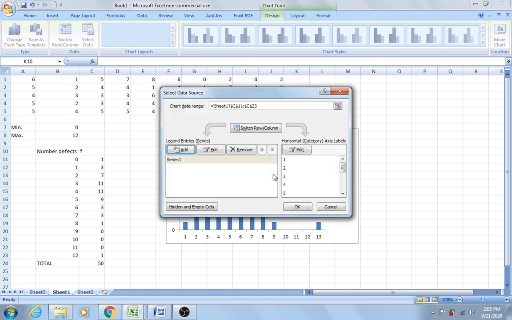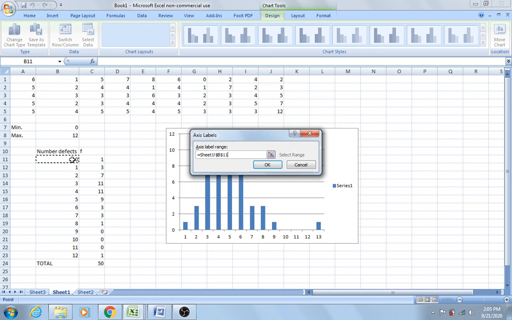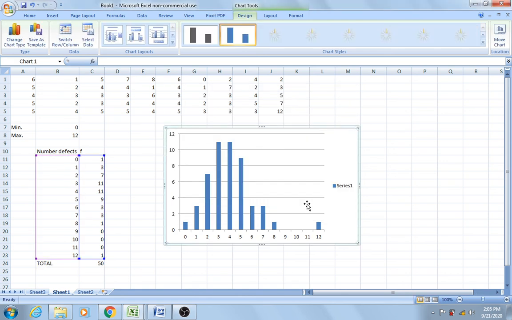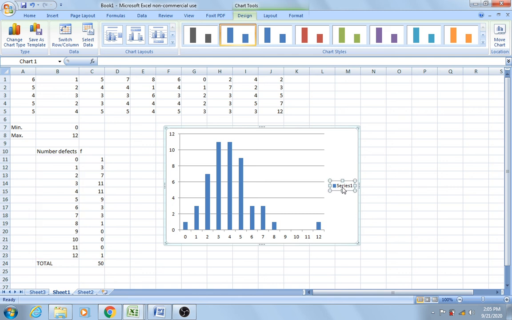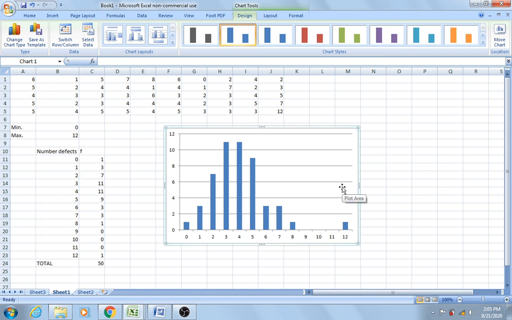Okay, and then you select the value for the horizontal axis, and that should be the number of defect. And this is it, the histogram for the number of defect.